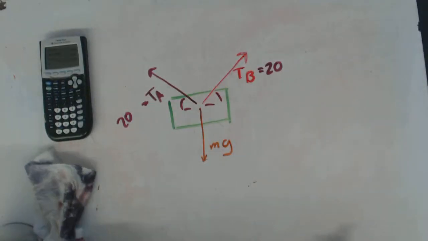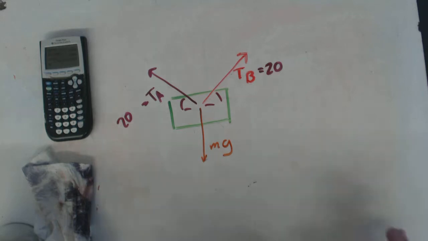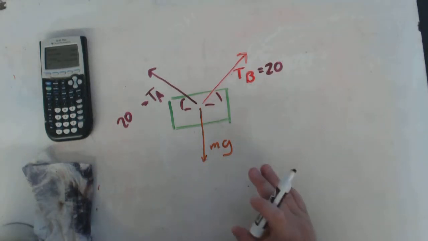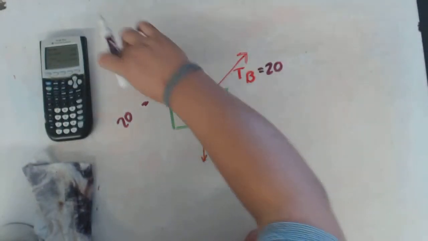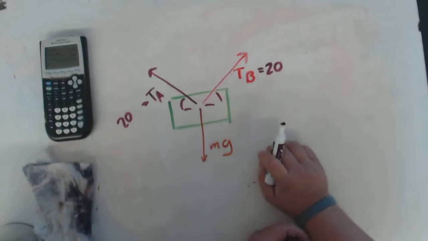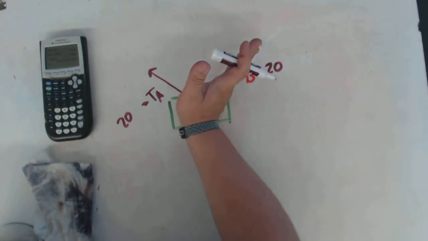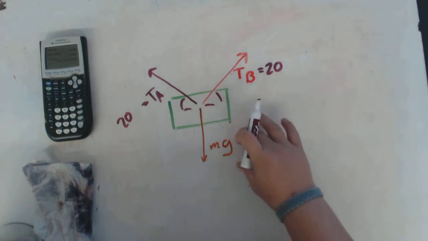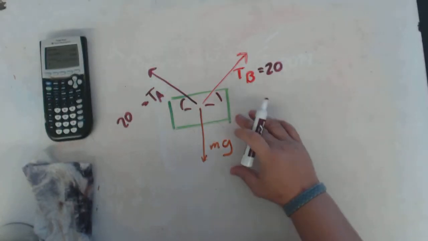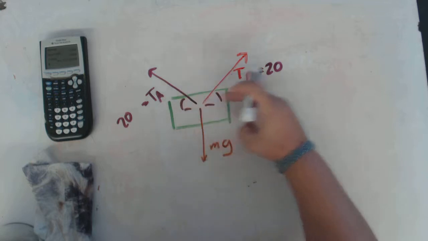Okay? So what I'm now going to do is set up a coordinate system. Now there's a couple of ways to do this. I would almost be tempted to create a coordinate system which puts my tensions on axes, like this, make this my x, this my y. But because I am looking for the weight of the object, I'd rather have the weight be its own axis.